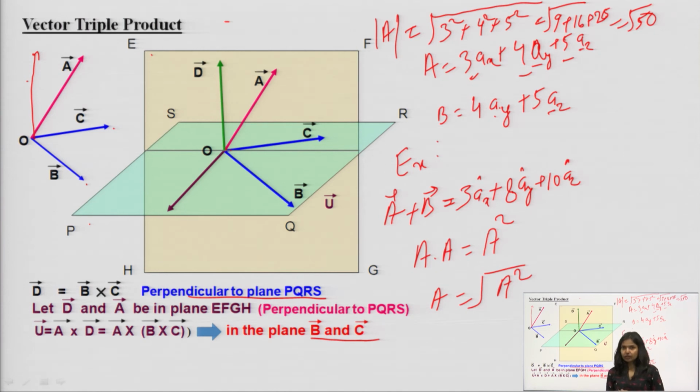So to find the magnitude of any vector, we can proceed in two ways. Either we can go for the dot product of that quantity and later take the square root, or we can go for the other approach.